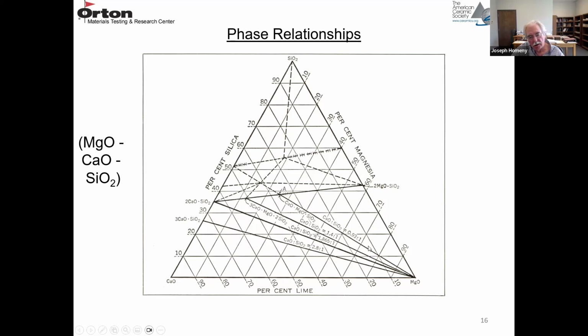But if you follow the crystallization path in any one of these areas, you're going to see these phases eventually develop. So the lime to silica ratio is 0.93 here. And this one is 1.4 to 1. And then here's your 1.865 to 1. And then this one is higher, 2.8 to 1. So here's monticellite, here's merwinite. They're going to form if the lime to silica ratio is less than 1.865.